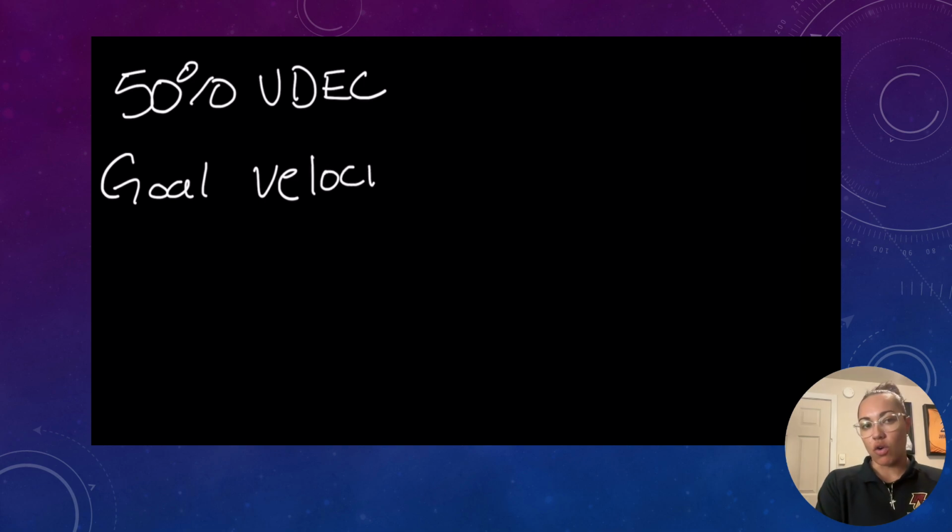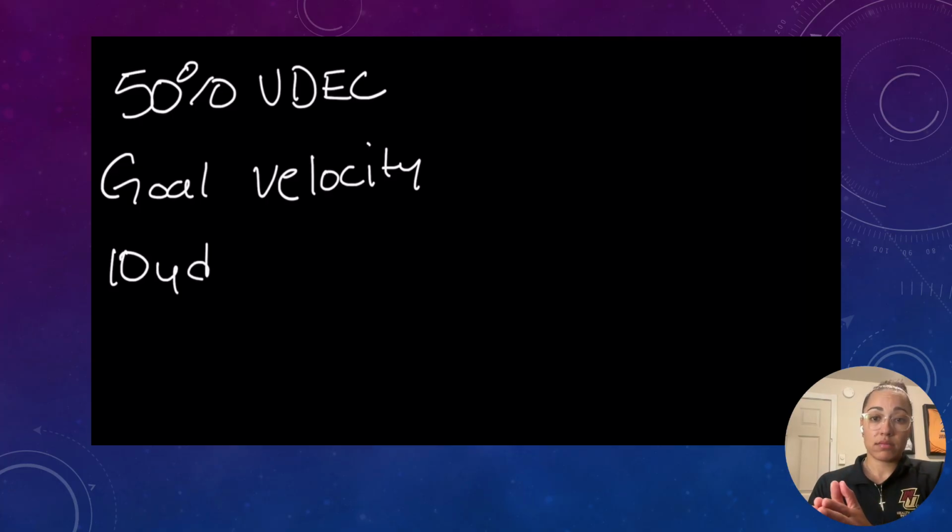So, first thing that we're going to start with is our 50% velocity decrement. So we know at 50% VDEC, I should be at 50% of my max velocity. So we have to figure out our goal velocity, and then we have to figure out our goal time that I should take with said weight.